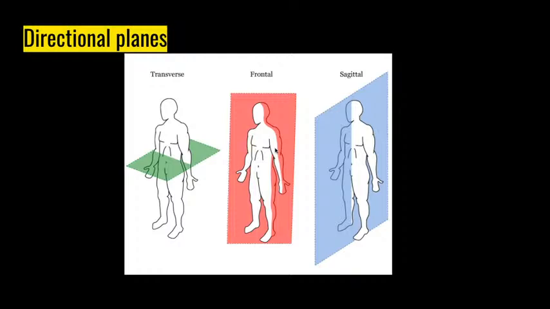The frontal plane slices the body vertically into anterior and posterior sections, or ventral and dorsal sections. And the transverse plane cuts the body along the horizontal plane and divides the body into lower and upper sections, or as we learned before, superior and inferior sections.